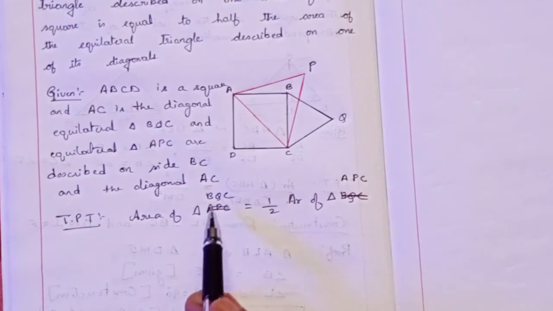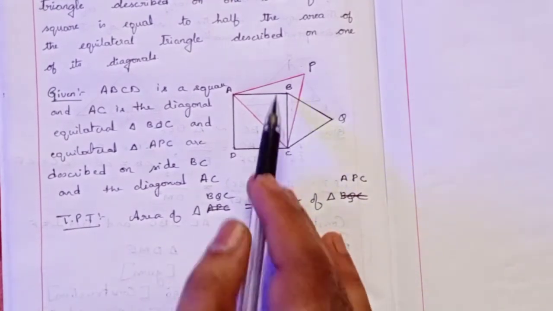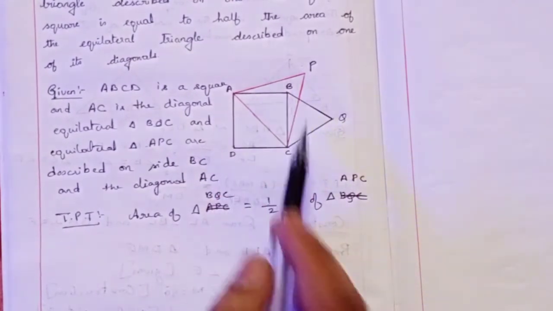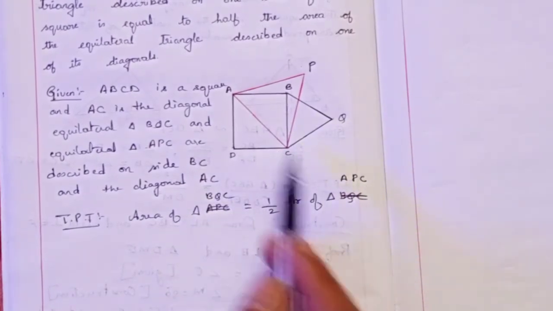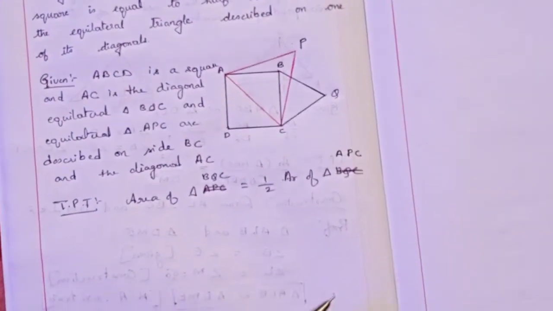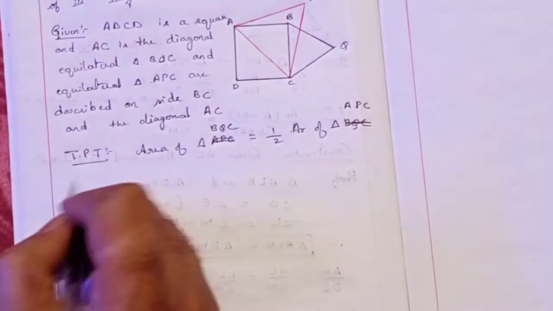Because BQC is on the side of the square and APC is on the diagonal, that is what we need to prove. Area of triangle BQC is half of the area of triangle APC. So we will prove this one.